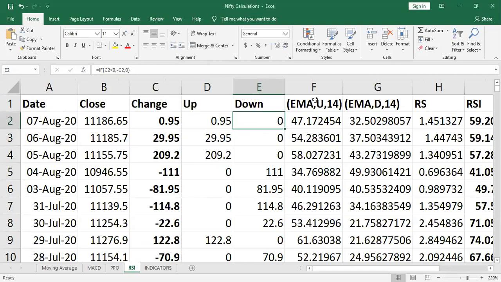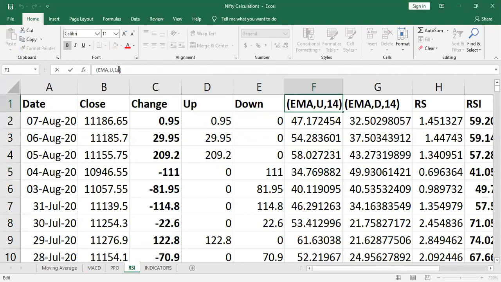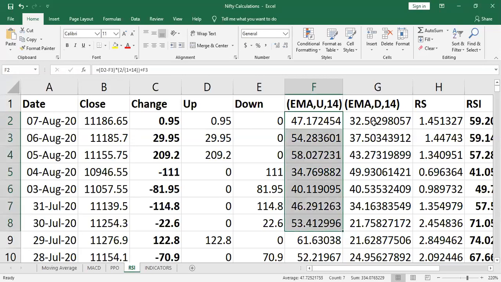Now this will be the EMA of upward, and we enter the period here, EMA upward and 14 period. Now as per the EMA formula, EMA is equal to today's price less previous day's price, into 2, divided by 1 plus period, plus previous day's price, and the same will be used for downward.